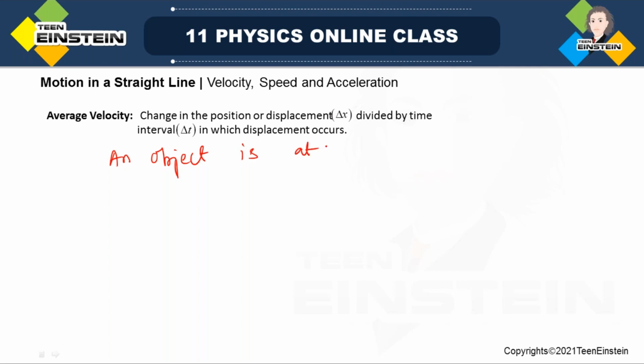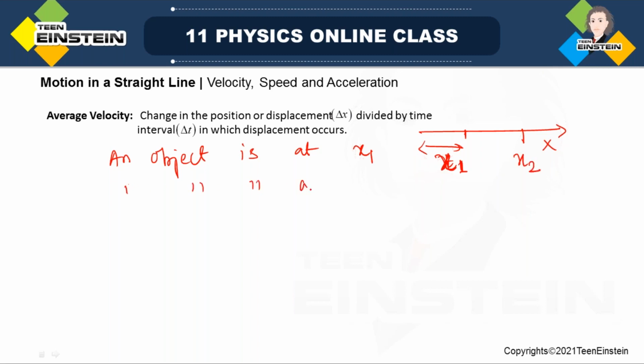Suppose an object is at position x1, moving in a straight line along the x-axis, at time t1, and at another time t2, it has a position x2.